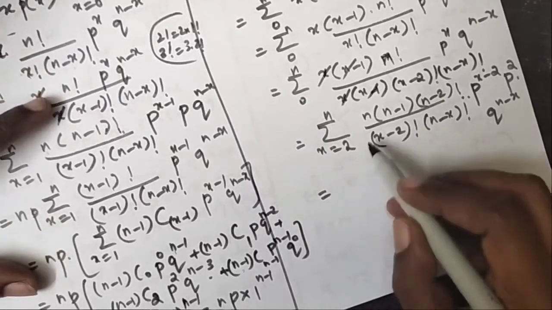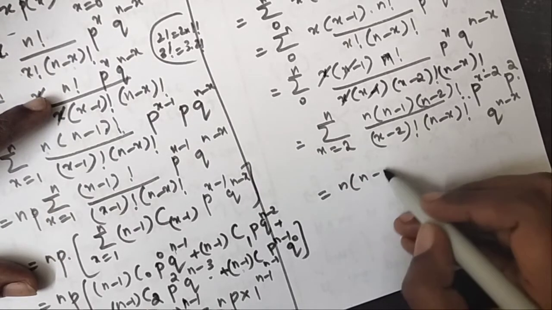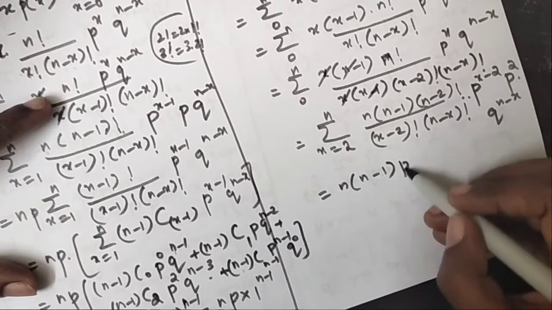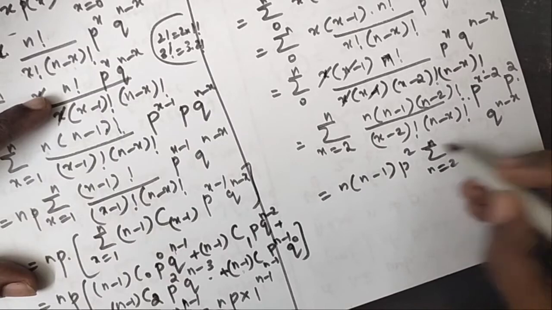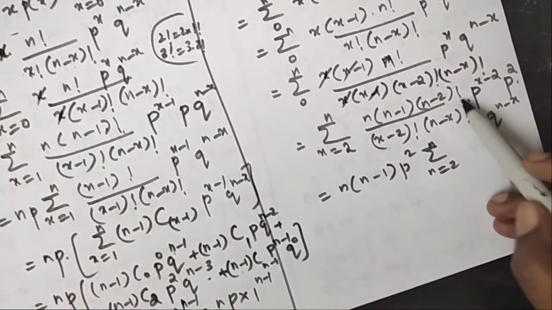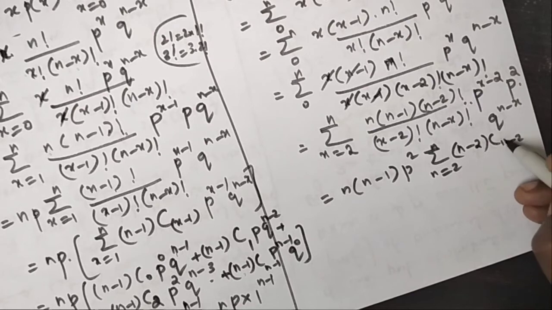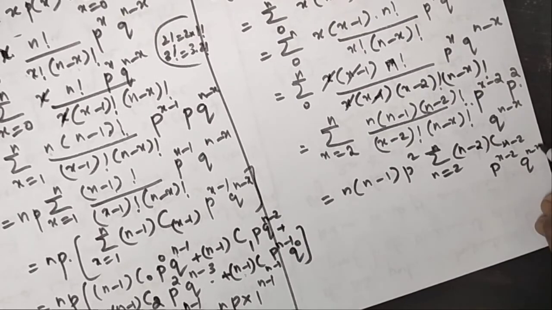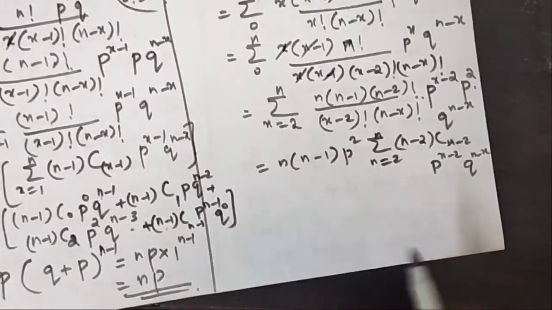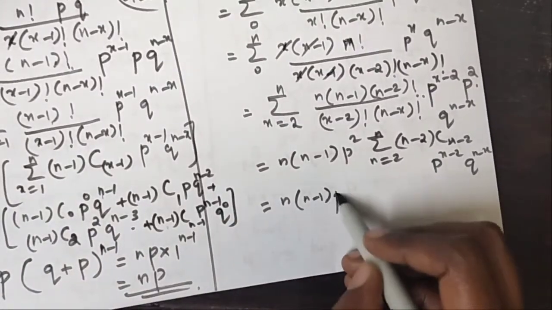Now which terms can be taken outside the summation? n into n minus 1 p square, into sigma x from 2 to n. Now it is n minus 2 C x minus 2, p raised to x minus 2 q raised to n minus x. Okay, expanding this one.